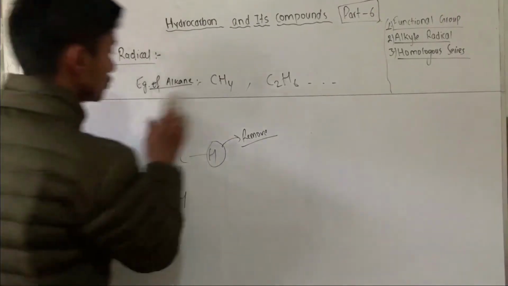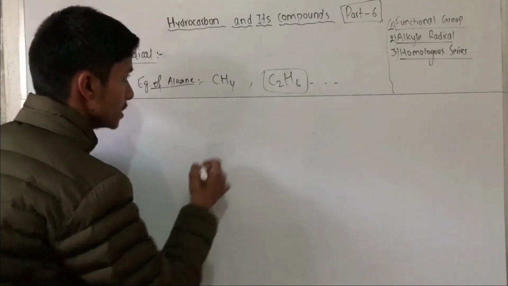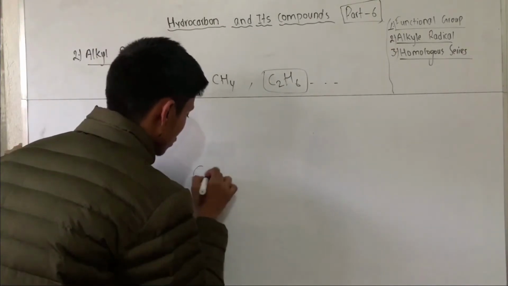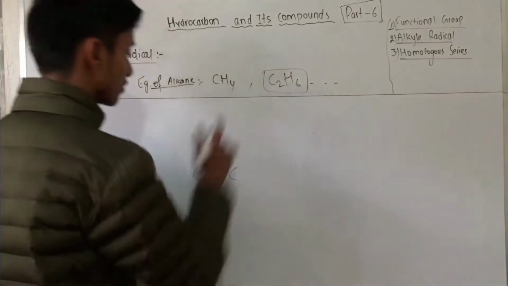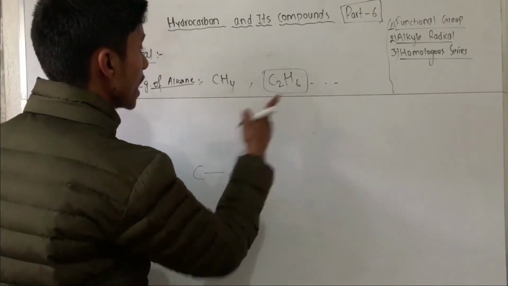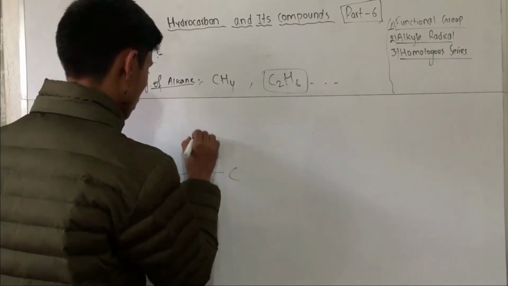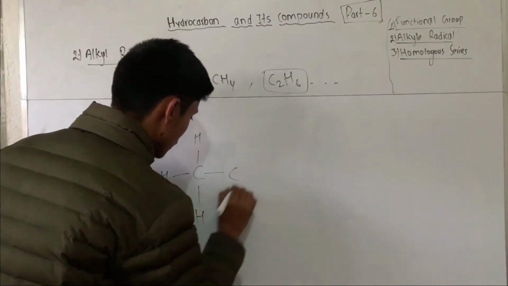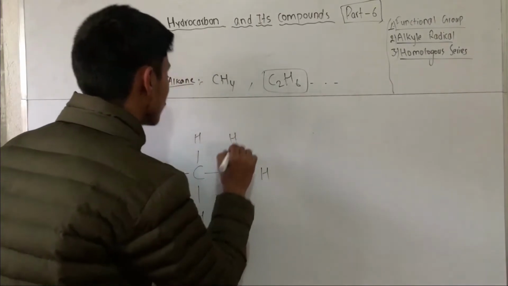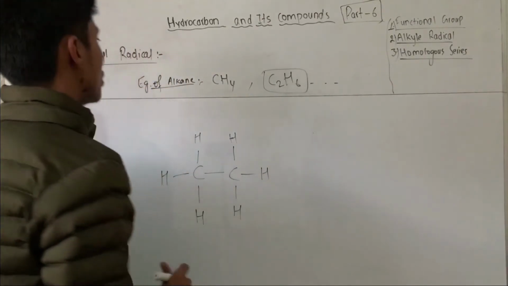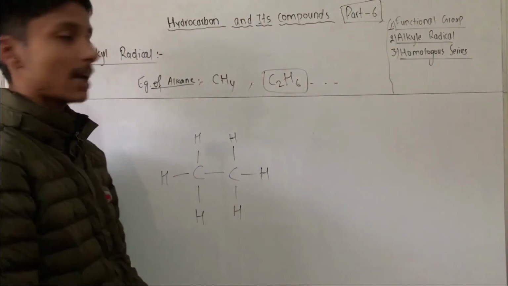So let me go to our next example. Structural formula of C2H6. So 2C means C2. Yes, 2 carbon is there, and 6 hydrogen. If we remove a hydrogen from alkane, then that will be our alkyl.